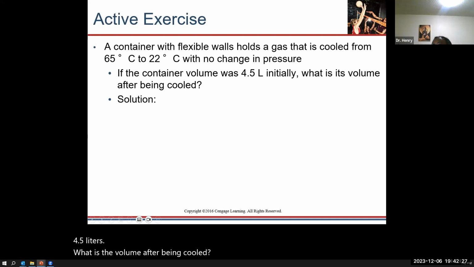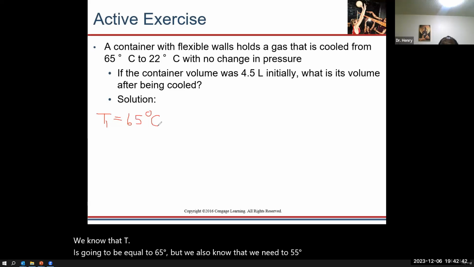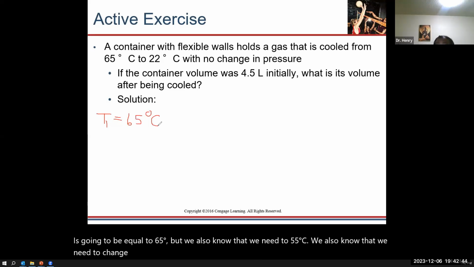We know that T1 is going to be equal to 65 degrees Celsius. We also know that we need to change it to absolute temperature. So what do we need to add to make it Kelvin?